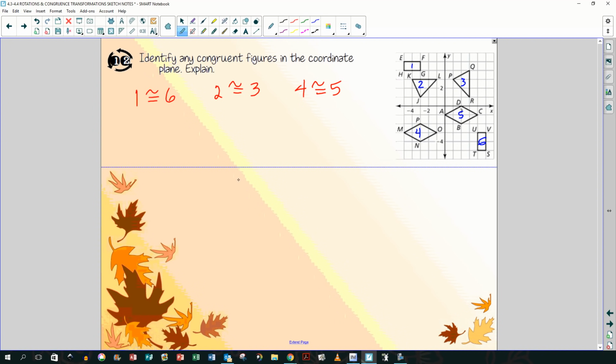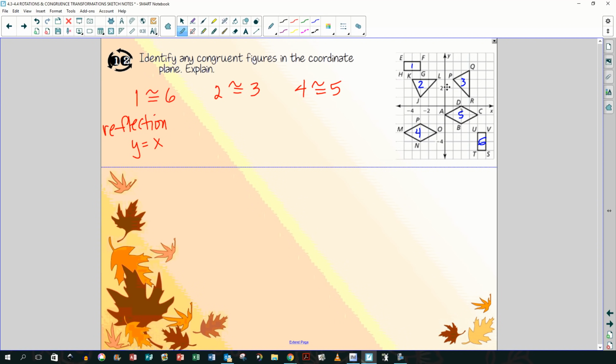All right, let's see, 1 and 6. It is a reflection, and it is a reflection over this line.